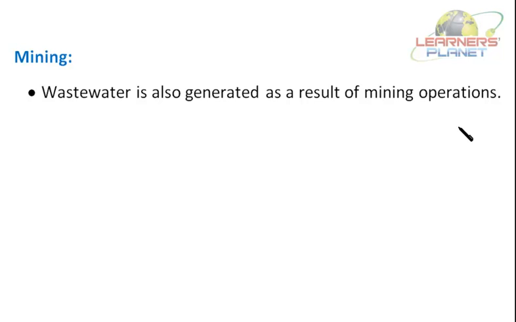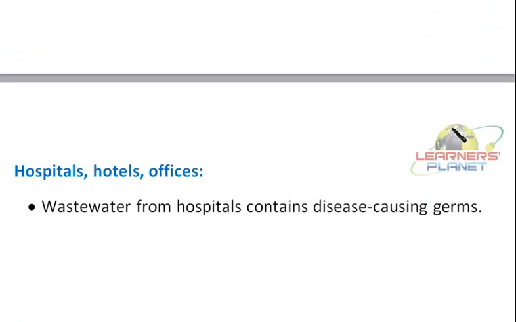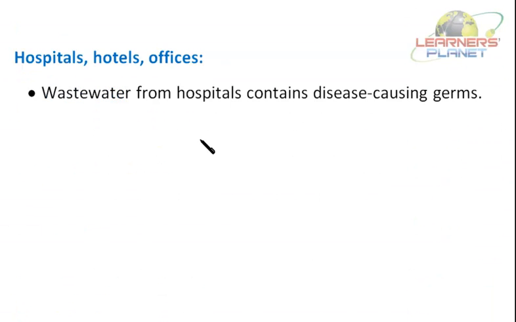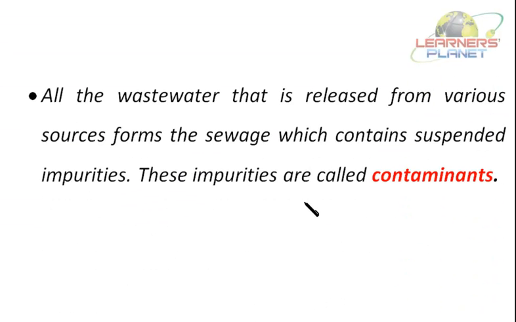So this is one thing which should be kept in mind, and how we can treat this wastewater. Other than this, as we discussed, even wastewater from hospitals, hotels, offices, etc. also contains disease-causing germs, so it needs to be disposed and treated very wisely.